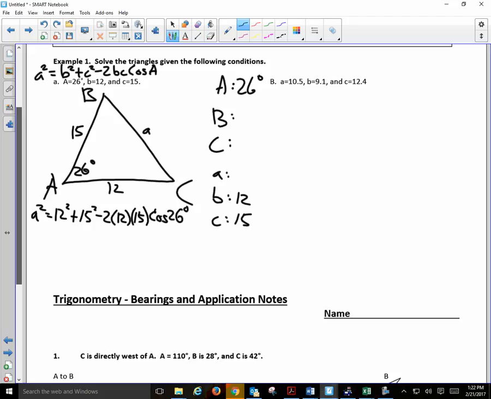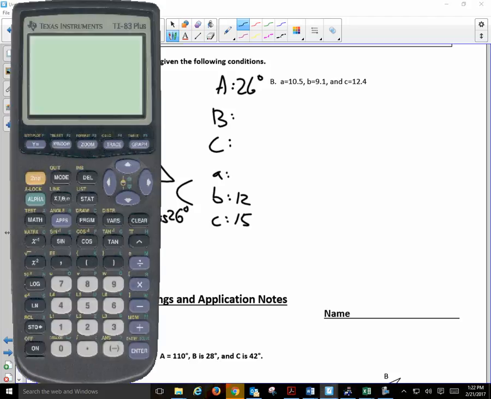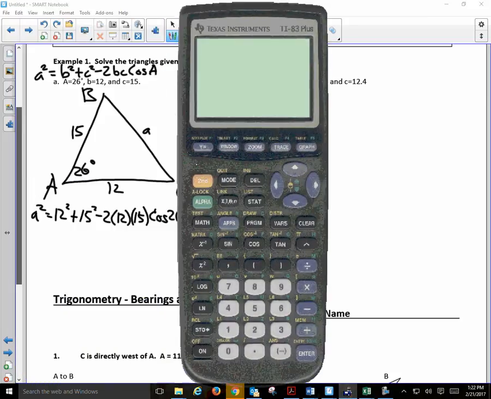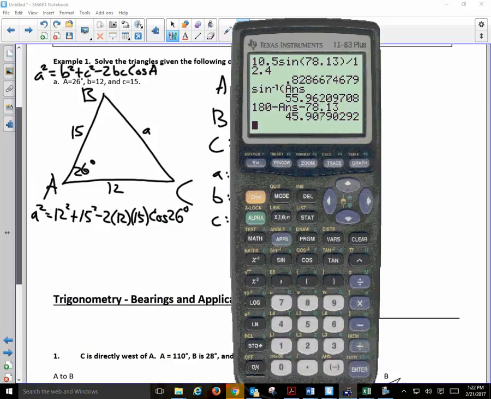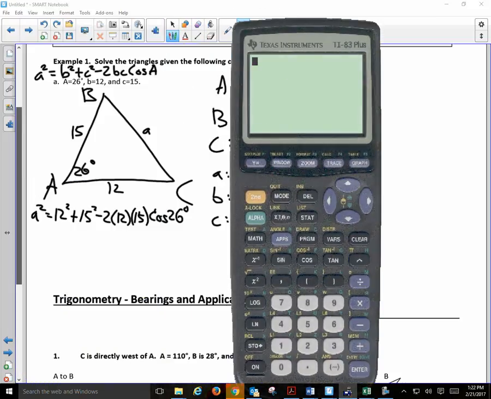What's really nice about your calculator is your calculator understands order of operation. So we just type that in exactly like we see it. 12 squared plus 15 squared minus 2 times 12 times 15 times the cosine of 26.